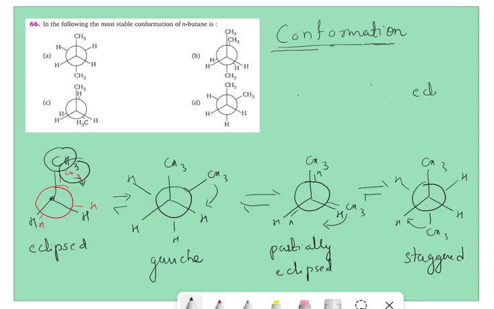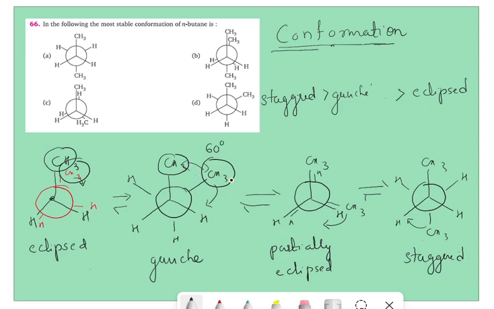Eclipsed is the least stable. What about staggered? They stay as far as possible from each other. Therefore, staggered is more stable. Then we have the gauche structure, which is still a staggered one, but you can see the methyl groups are separated by 60 degrees.